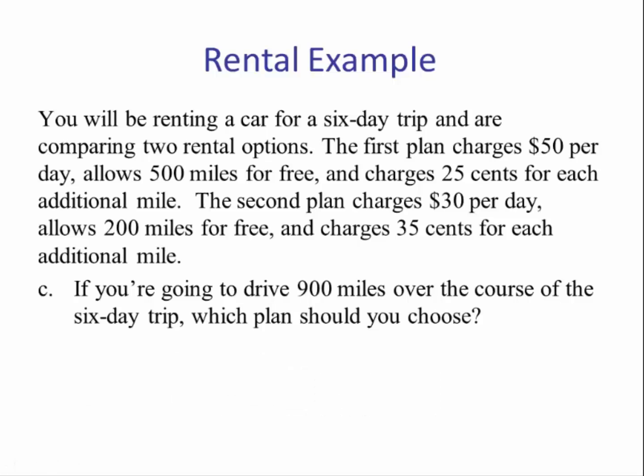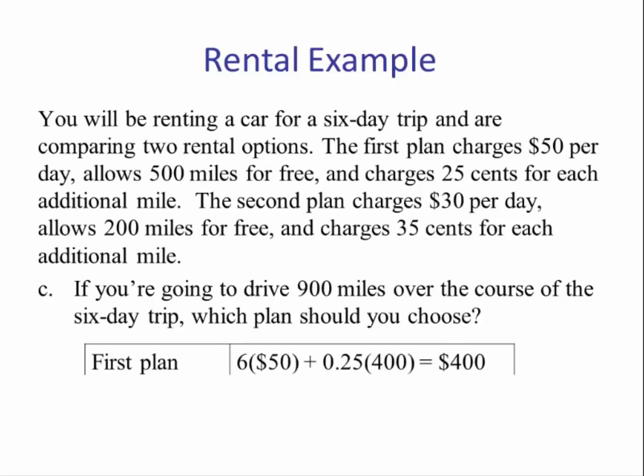C. If you're going to drive 900 miles over the course of the 6-day trip, which plan should you choose? The first plan, again 6 times 50, the number of days times 50, plus 0.25 times 400, because we have 500 free. 900 minus 500 is 400.